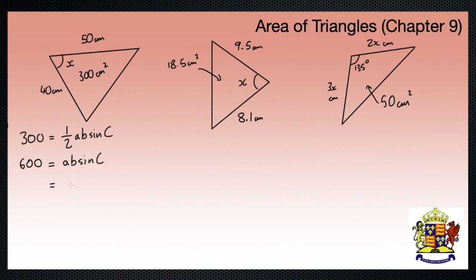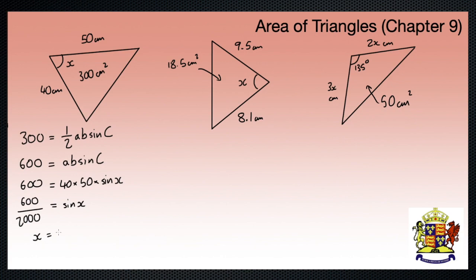Let's fill in what we know. We have 40 times 50 times by sine x. 40 times 50 is 2,000. So we end up with 600 divided by 2,000, and that equals sine x.